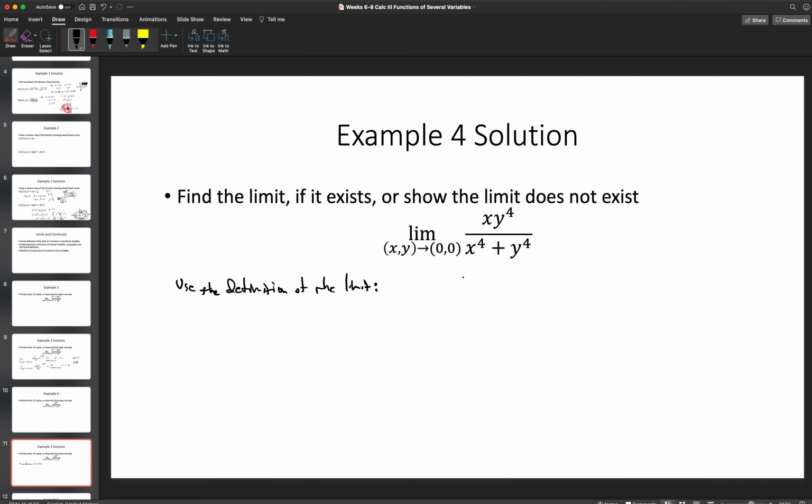What does our intuition say before we go ahead and use the definition? Our intuition says that this limit might be 0, right? Because we see that y to the fourth here, if you plug in a value there, if you take partial derivatives, although we haven't learned too much about that yet, we can see that it could approach 0.